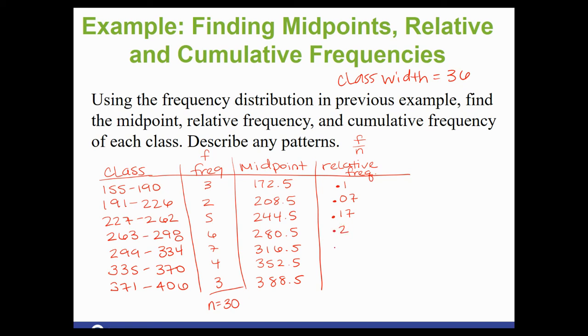So now I'm up to 7 divided by 30. 4 divided by 30, and 3 divided by 30. This, as a quick check, should add up to 1. Relative frequency is going to come into play when we want to make a pie chart. So all of these pieces should add up to 1.